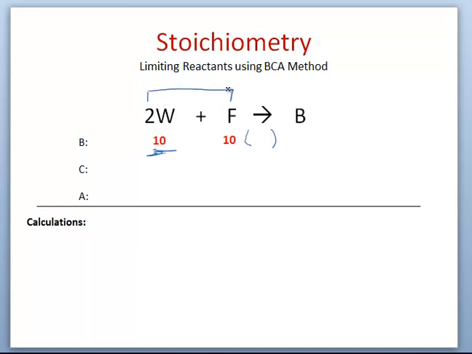It's 2 to 1, so you only need half as many of these as you have of these. So if you want to completely use up the 10 wheels, you're going to need 1/2 of 10, which is 5. And then you compare that with what you were actually given, which is 10, and then you realize, oh, not only do I have 5 frames, I have a surplus. I have more than I need to completely use up the 10 wheels.